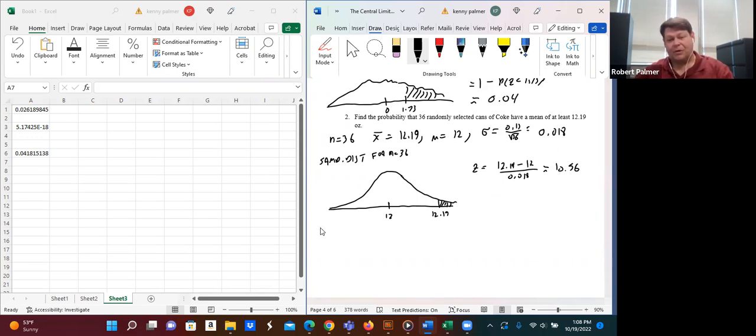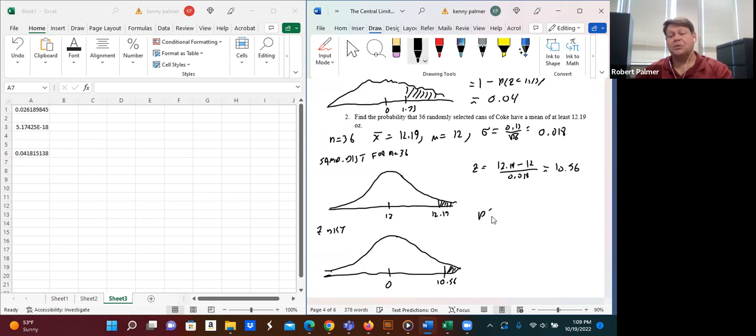All right. Now, if you look at our z distribution of the sampling distribution, this should look exactly the same. And let me try and do a better job of that. Okay, here's 0. And in the same spot over here is 10.56. I'm going to find that area.